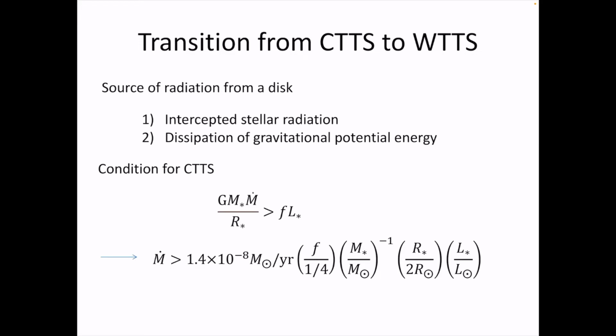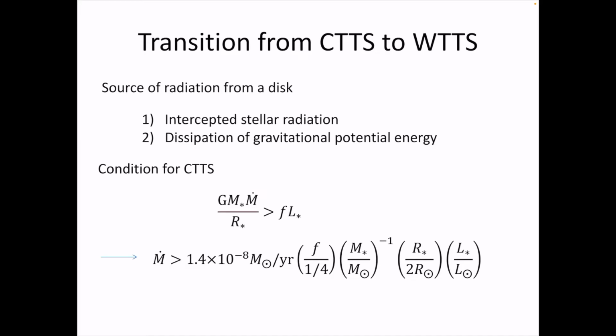First one is the intercepted stellar radiation. Protostar emits a light. Some of the light is intercepted by a disk. Then the disk is heated and emits the IR. This is the excess of the IR. And the second source is the dissipation of the gravitational potential energy.